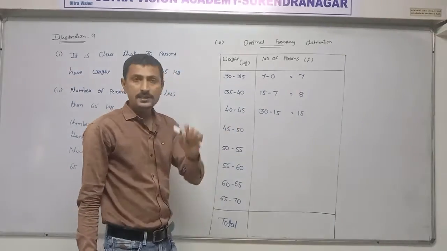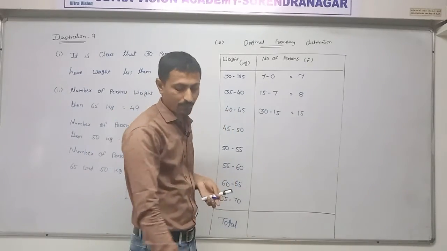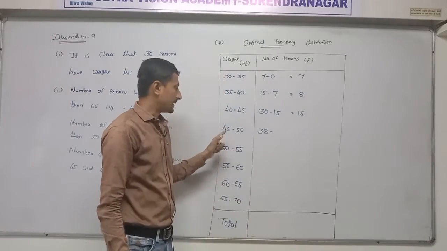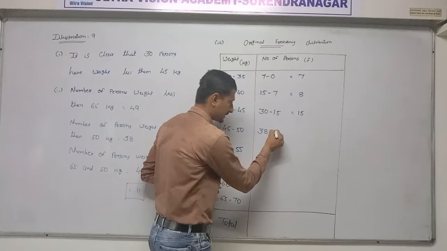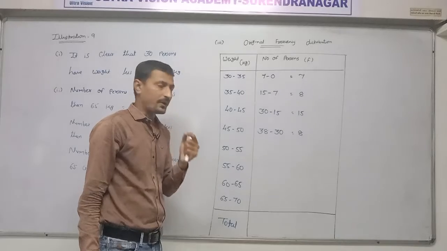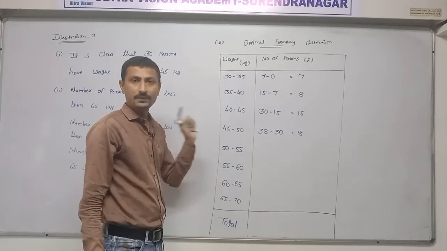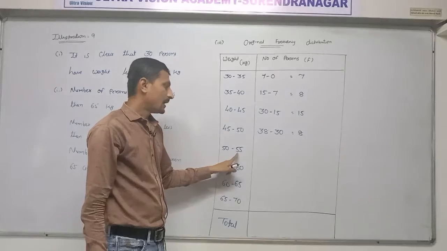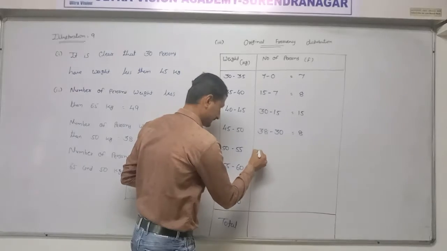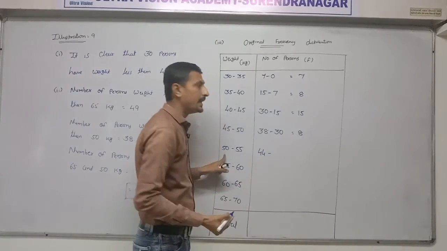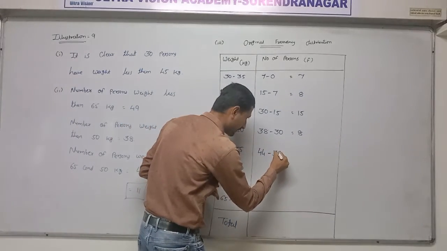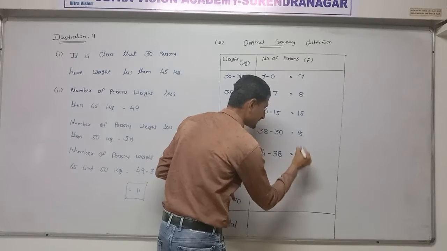Next, less than 50 cumulative frequency is 38, minus less than 45, which is 30. So 8 persons have weight between 45 and 50 kg. Next, less than 55, the number of persons is 44, and less than 50 is 38. 44 minus 38, the difference is 6.